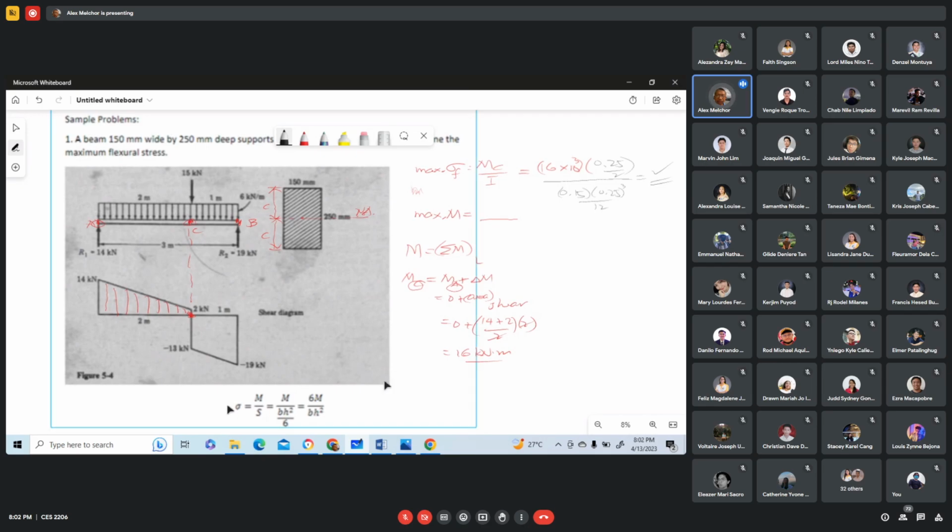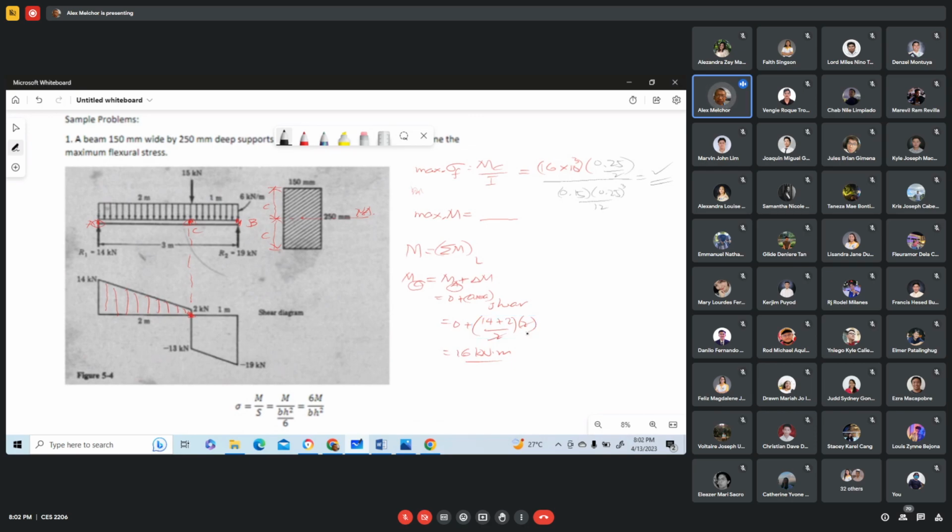Or you can use this equation here, that the stress is equal to M over S, M over the section modulus, B H squared over 6. Or this is equal to 6M over B H squared. And you will get the same answer.